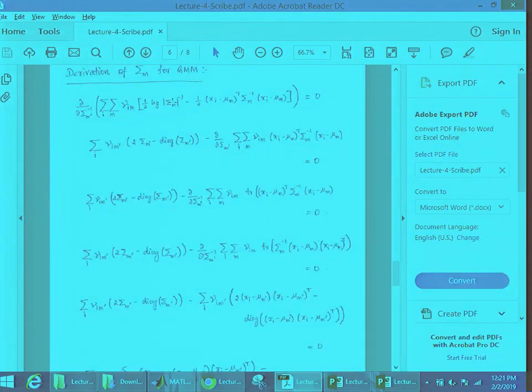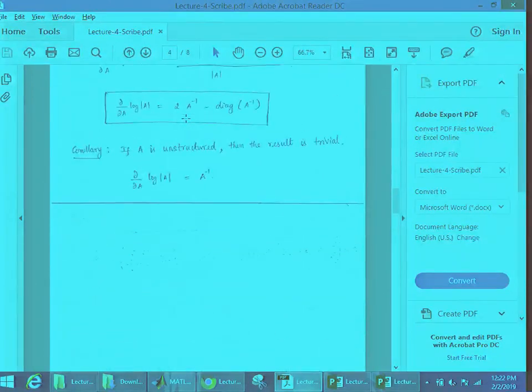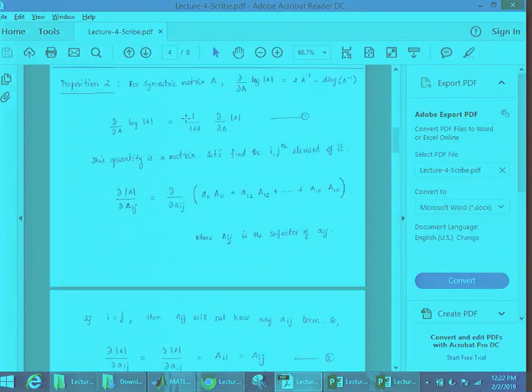Here all the terms depend upon sigma m. One contains log of sigma m inverse, and the other contains a vector multiplied by the matrix and then another vector. So how do we do such kinds of derivatives? That is why we'll first look at these propositions.